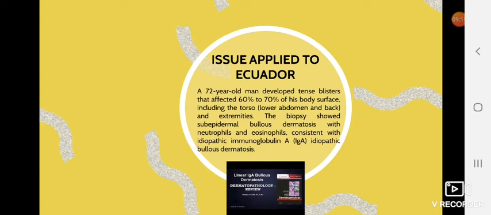Are extremities the vaguely choppy subepidermal vesiculation dermatosis with neutrophils, eosinophilic, consistent with idiopathy. Immunophilability, IGH, idiopathic bullous dermatosis.